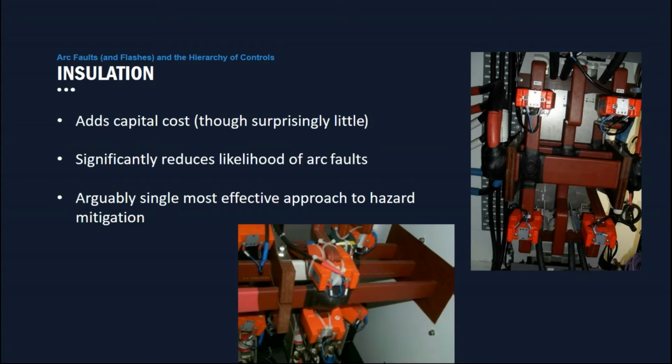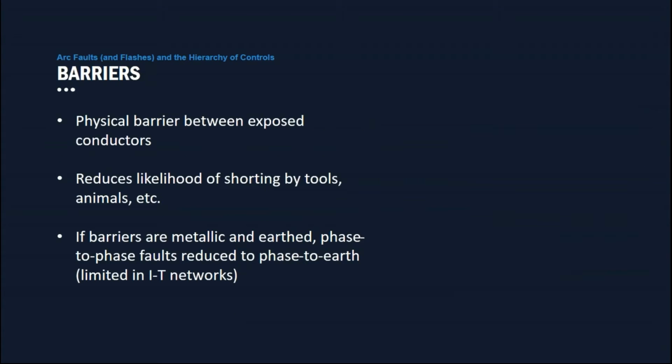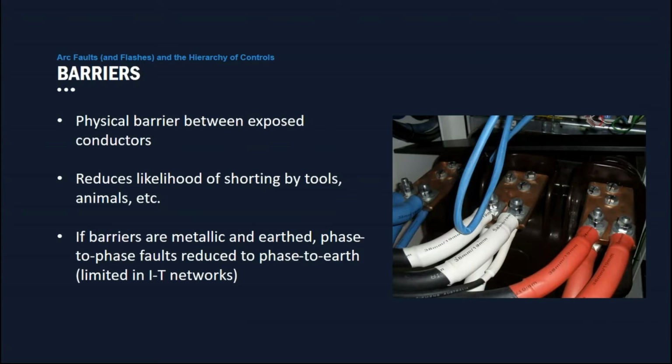There's another image there, again where great effort has been put into maintaining insulation across all of the exposed copper. Physical barriers: I've got a picture there on the right-hand side. We've got red, white and blue phases, and hopefully a little red circle appears there.